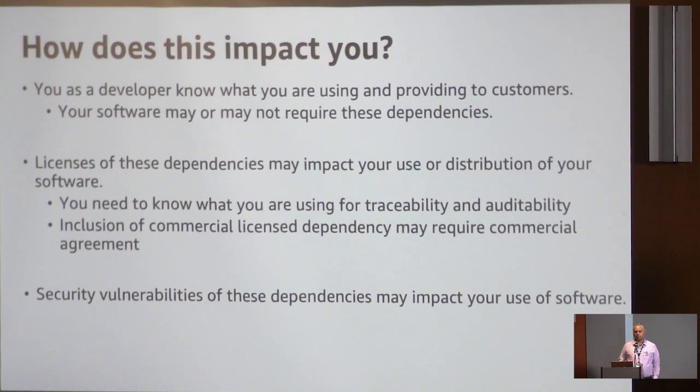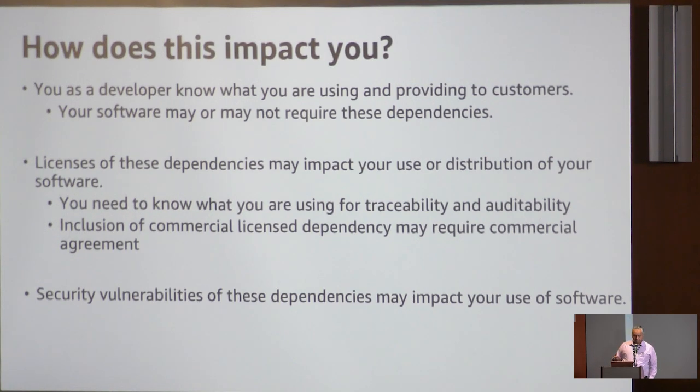In some cases, your software may not require many of these dependencies, but they may be present. And the license of all those dependencies may impact your use of the software, or may have even larger impact on your distribution of your software. Say if you are downloading a software that is under a fairly permissive license, and then you find out that one of the dependencies is, say, under a very restrictive license, your company's policy may prevent you from using those.